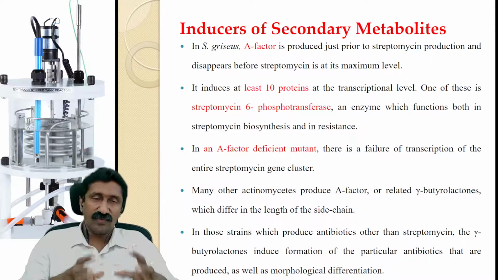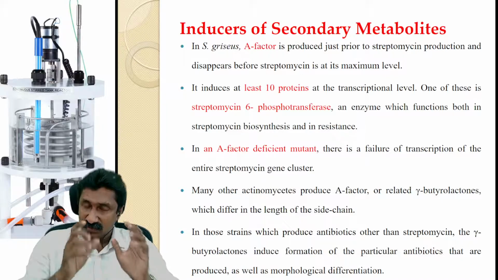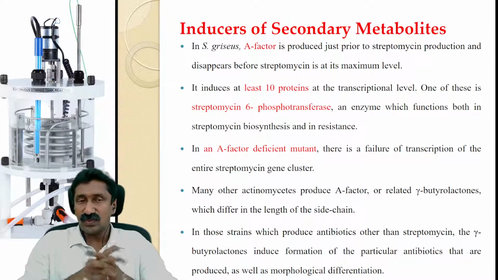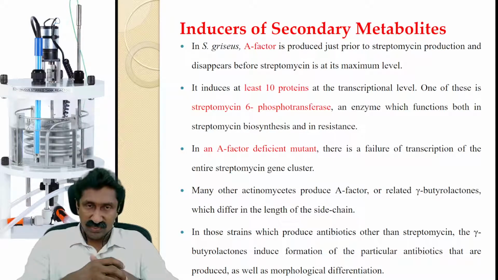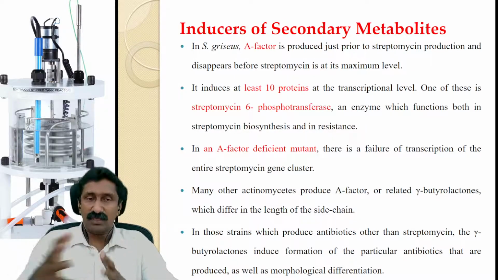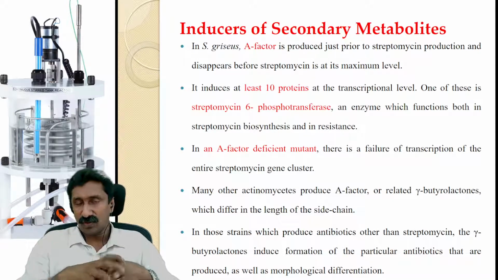So such type of different inducers will be there, but specifically speaking, the A factor in this case is specifically used for these particular organisms, that is Streptomyces griseus and Streptomyces bikinensis, not for other ones. And for other actinomyces, there may be other gamma butyrolactone with their own combination of morphological changes, and different set of enzymes or proteins will be produced by the concerned transcriptional cassettes.